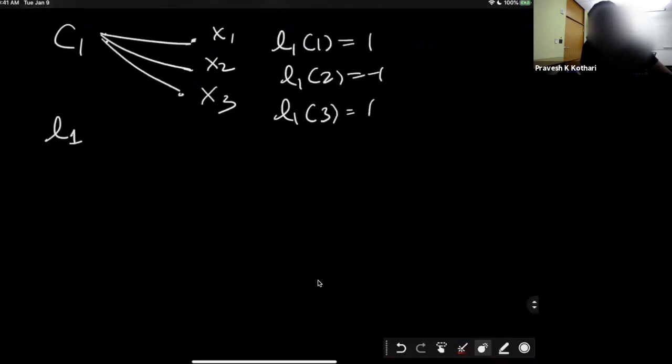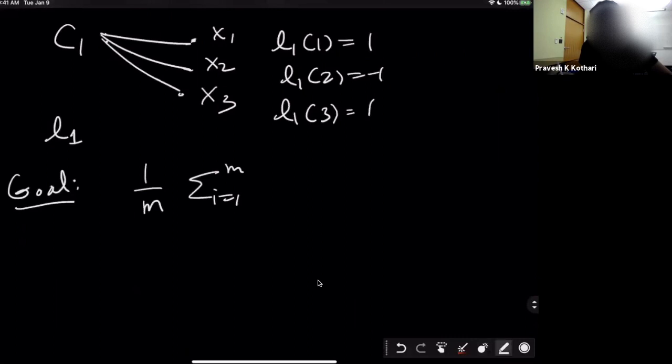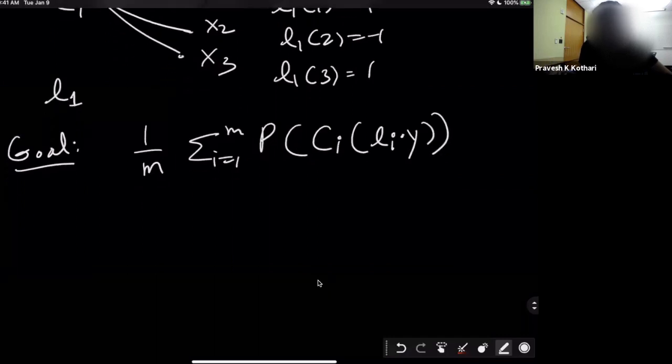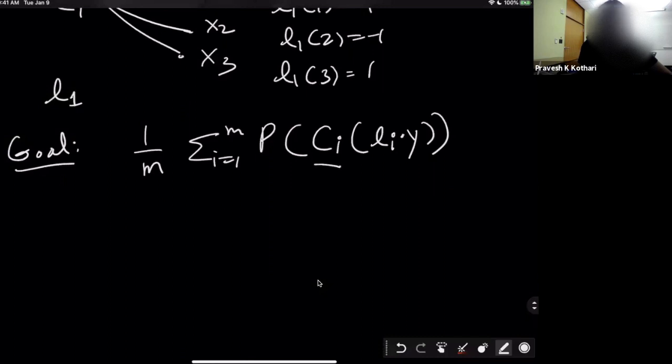In general, the goal in CSP with predicate P is to, so this is the max CSP goal, maximize P of C_i of L_i dot y. So what this means is, take the variables, take the k-tuple of variables, the ordered k-tuple of variables that appear in C sub i.